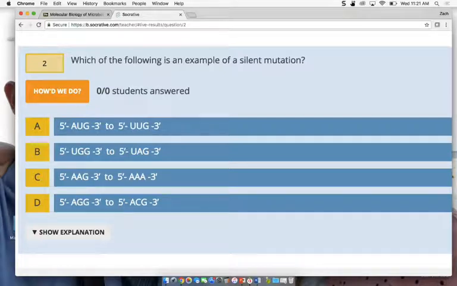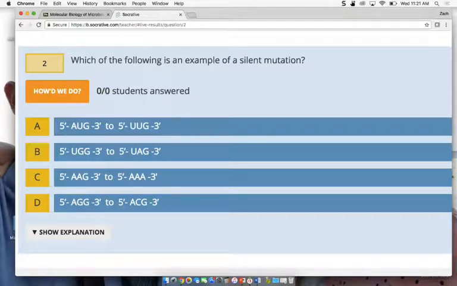What's the best option? A, B, C, or D? Taylor? Come on. C. Why do you say C? Because they code for the same thing. Perfect. Silent mutations encode for the same exact amino acid both before and after the mutation. What do these other ones represent?